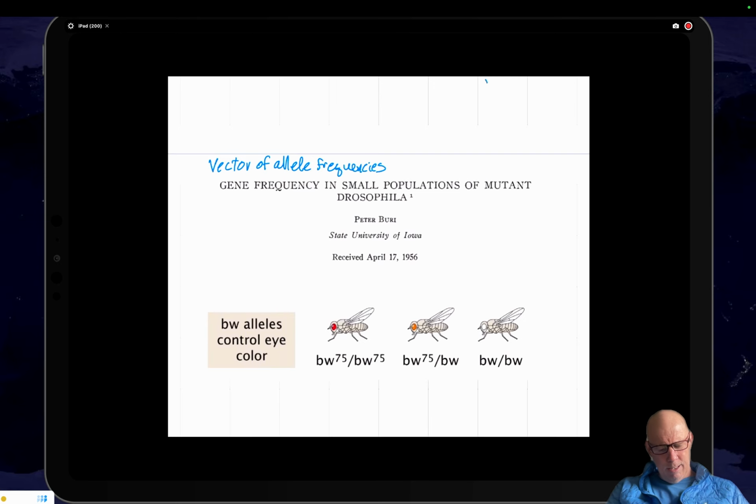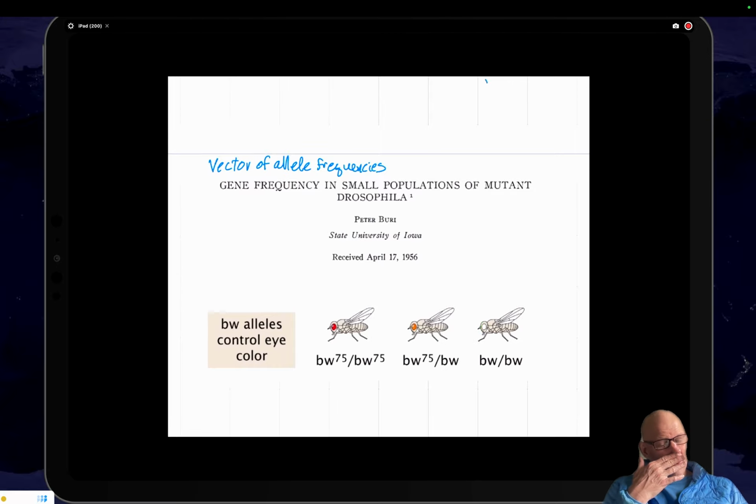The idea was that he prepared a set of flies, 8 males and 8 females, each of which was heterozygous, meaning that each one of them had one copy of a red allele and one copy of a white allele. So the heterozygotes were as shown in the middle here.